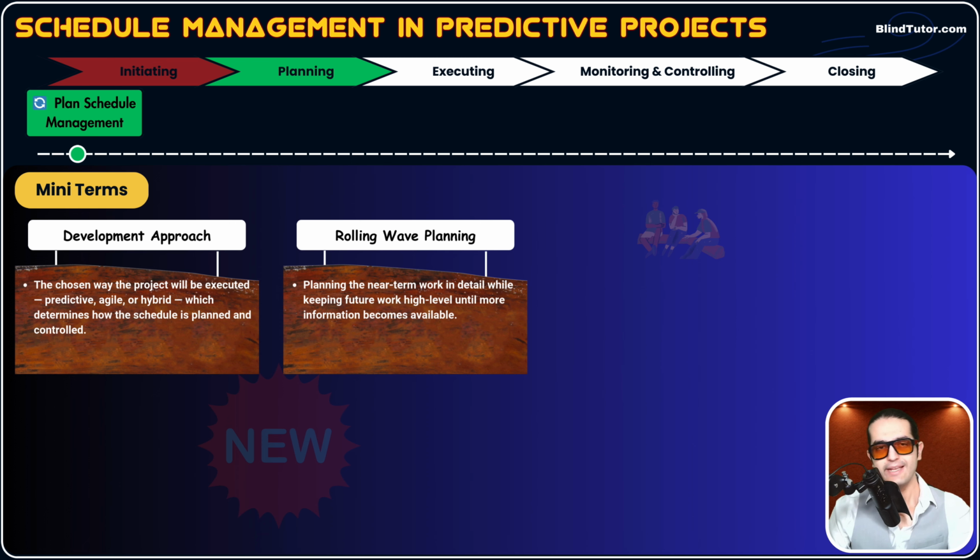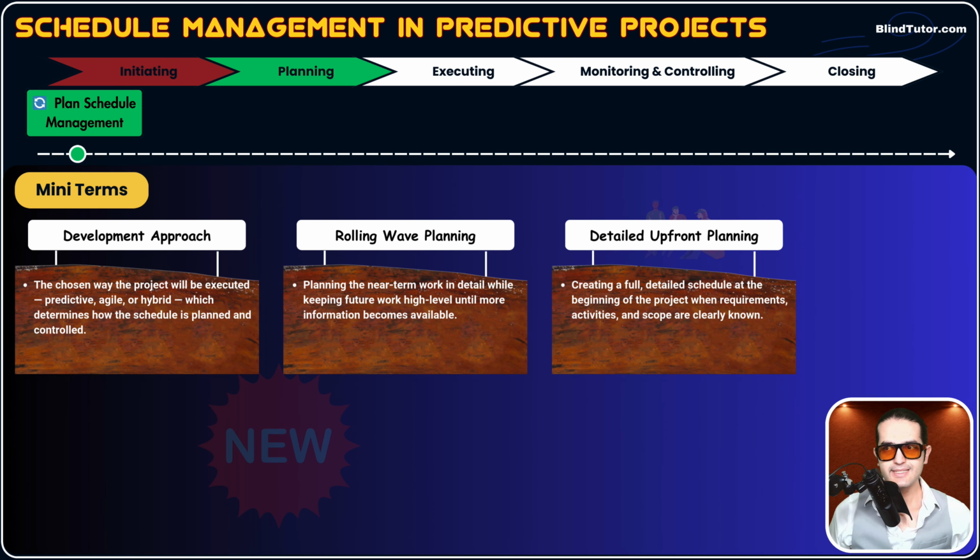For example, about next week's work, we know everything, all details. So we plan in detail and complete for that next week's work. But for next month's work, we don't have that much detail. We need to wait until we get more information. So we apply rolling wave planning. We have detailed planning for the near-term work and high-level planning, not detailed, for the future work.